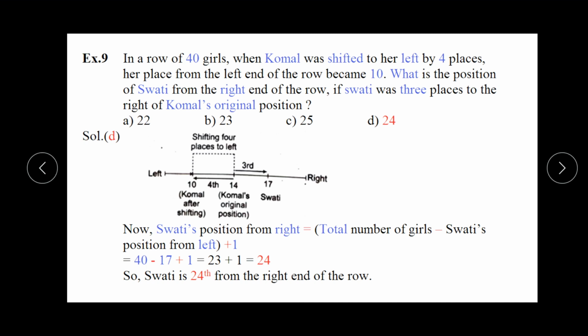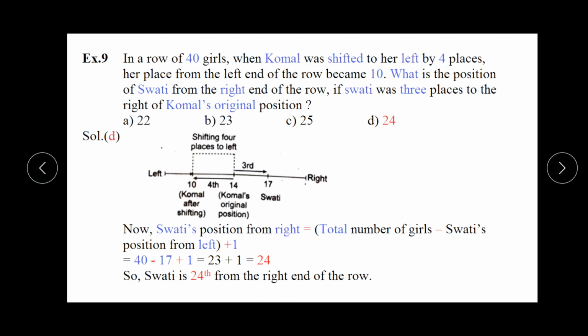The next example: in a row of 40 girls, Komal was shifted to her left by 4 places. It means this is the queue. In this queue there are 40 girls and Komal is shifted to her left. If there is a position of Komal at this line and she is shifted to her left side 4 places, the new position of Komal becomes 10.